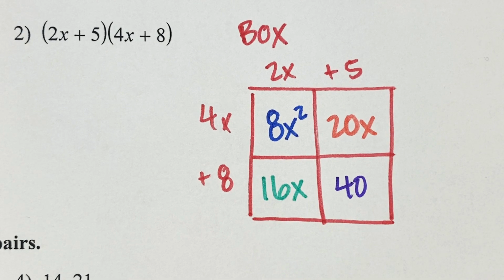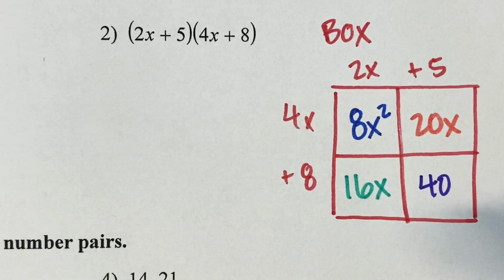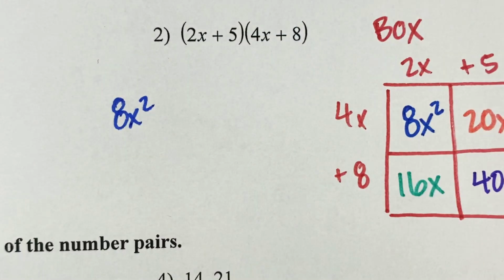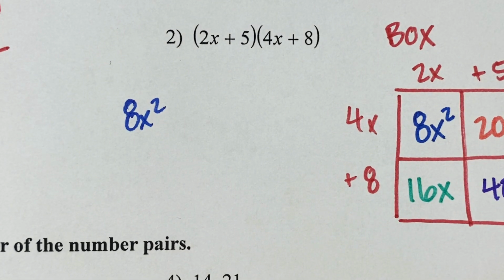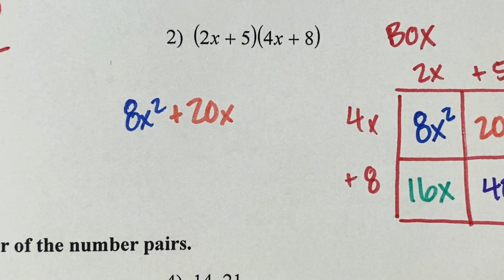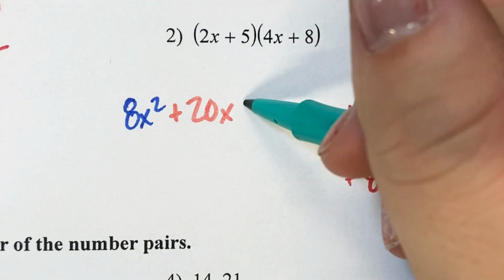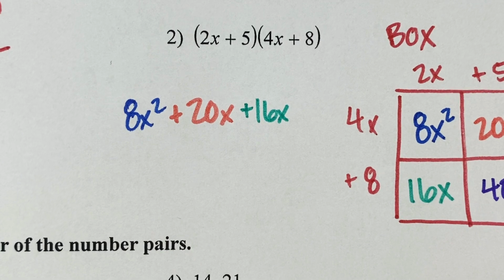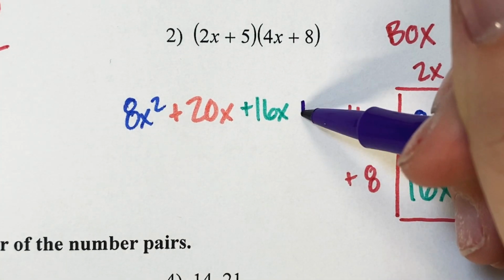Now I'm going to take all my boxes and rewrite them in the order that we solved them. So I get 8x squared plus 20x plus 16x and plus 40. I'm putting those addition signs because it's positive.